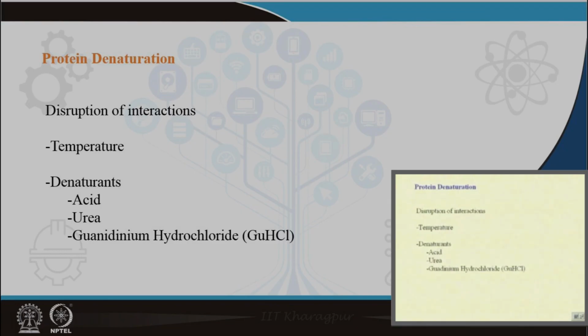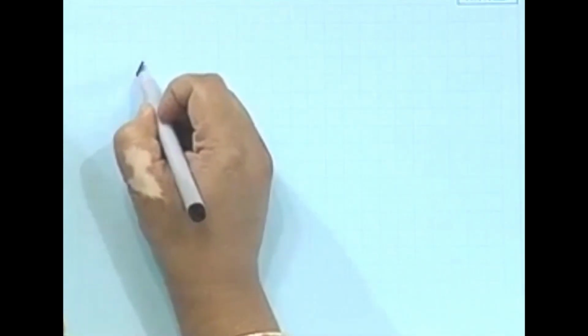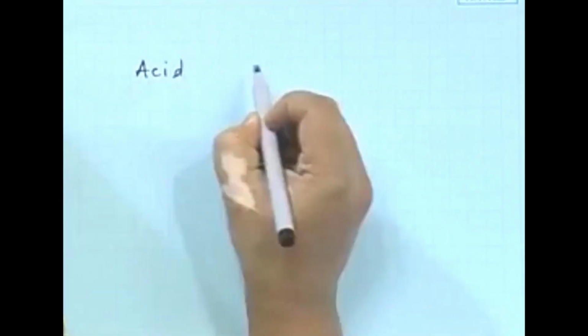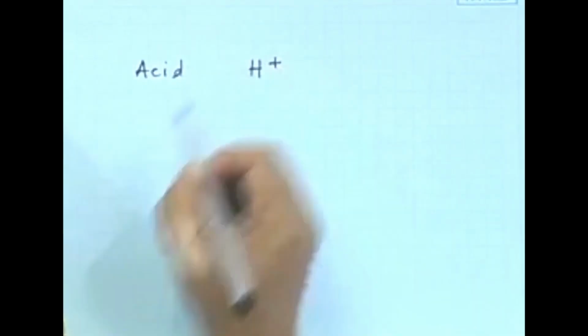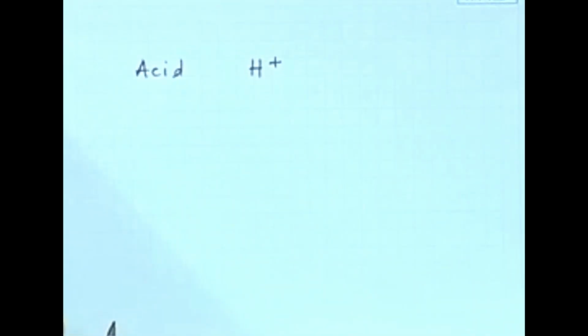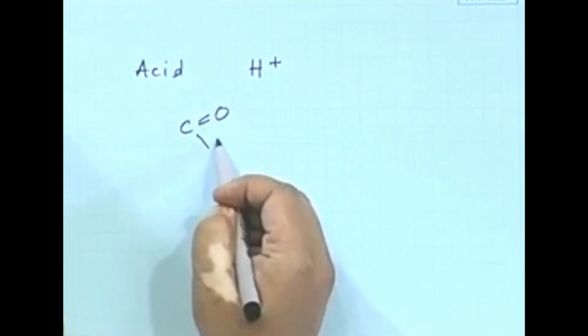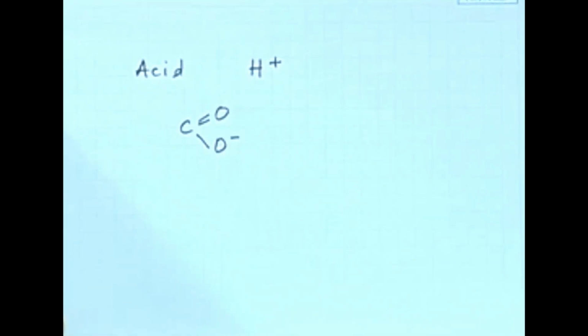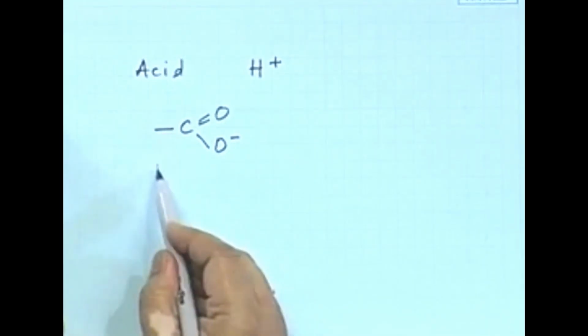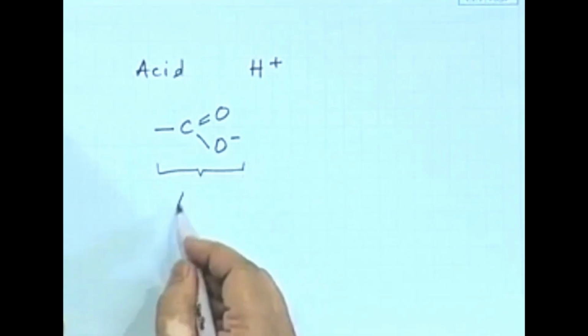That's guanidinium hydrochloride. Okay, so what happens if I add acid? It means I am adding H plus. What happens when I add H plus? For example, all the acidic groups, what comprises these groups?